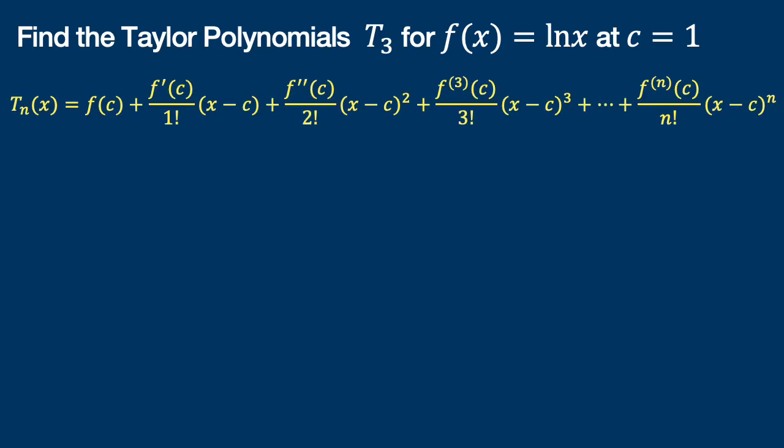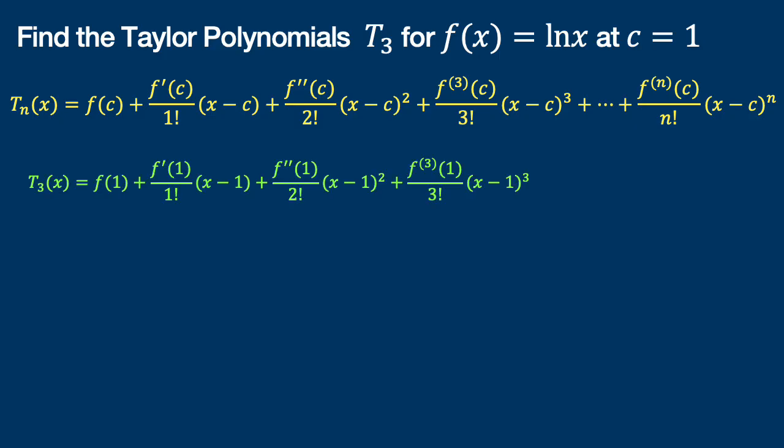For degree 3, you're going to take the terms until degree 3. So we need to find T3(x): f of 1 until degree 3, the third derivative at 1, times (x minus 1) cubed.